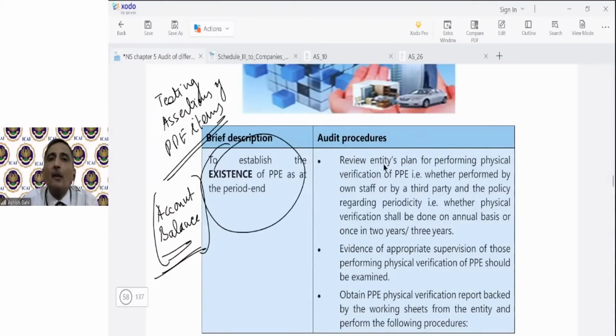He would be finding evidence, proof that management has in fact conducted physical verification of PPE items at reasonable intervals. So he would call for reports, he would call for working sheets which show that these items were physically verified by the staff of the company, at reasonable intervals. Okay.